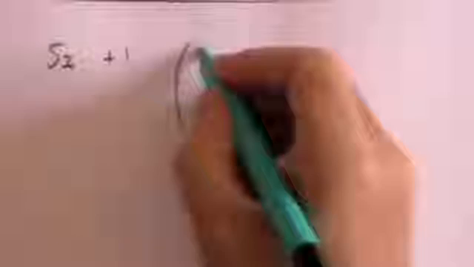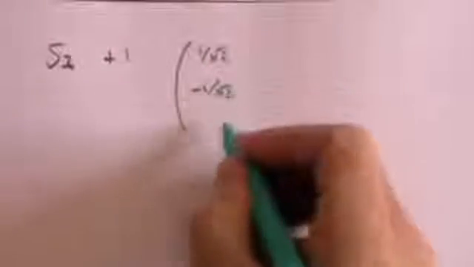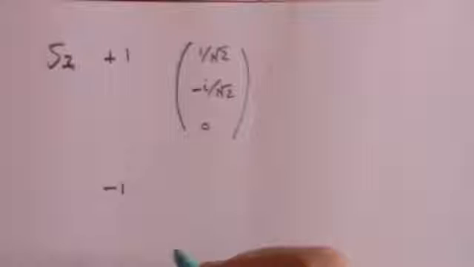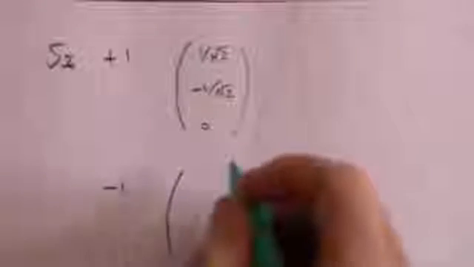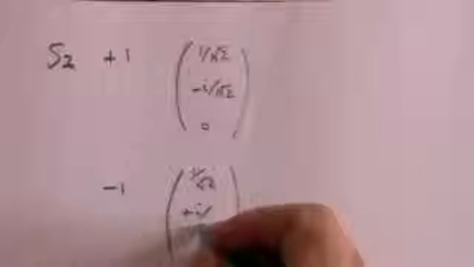So for Sz, with the eigenvalue +1, we've just shown that the eigenvector is 1 over root 2, minus i over root 2, and 0. I can tell you that if you wanted the eigenvalue -1, the eigenvector would turn out to be 1 over root 2, plus i over root 2, and 0.